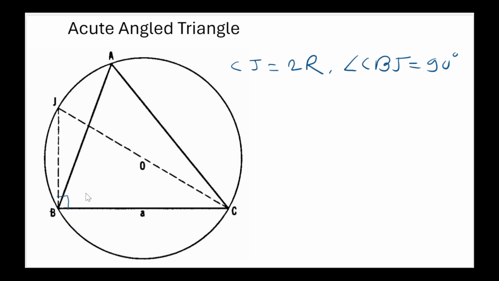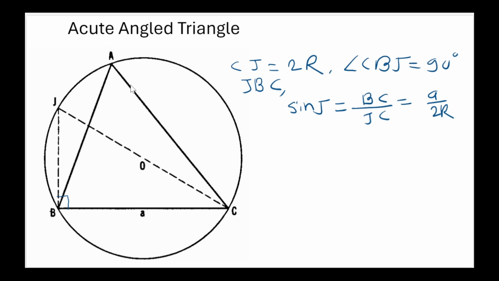Therefore angle CBJ is equal to 90 degrees. In triangle JBC, sin J is equal to the opposite side, that is BC, divided by the hypotenuse JC. So that is equal to a divided by 2R.